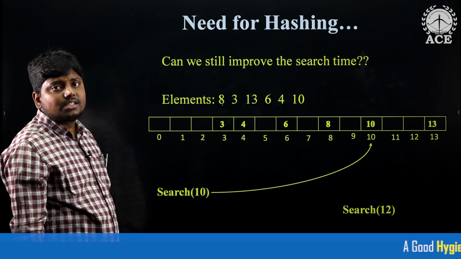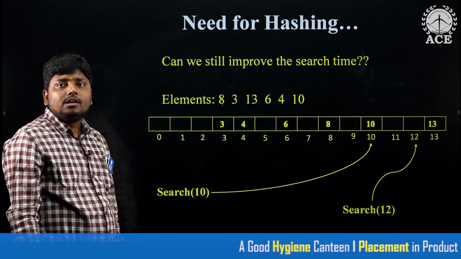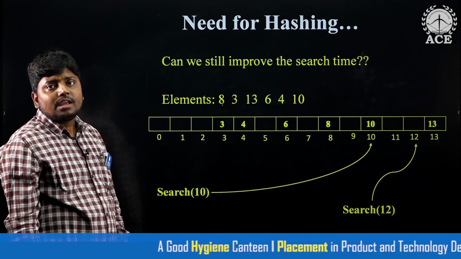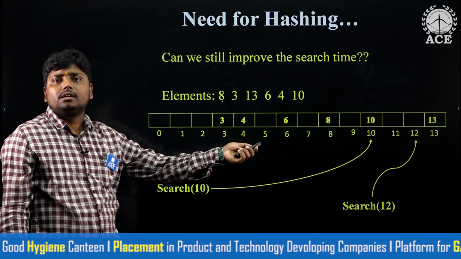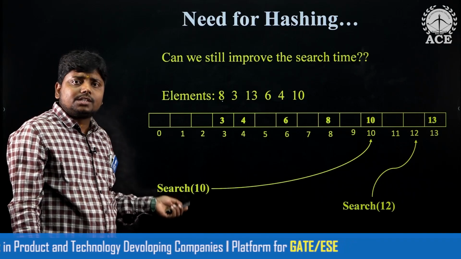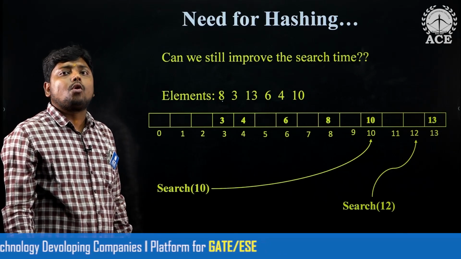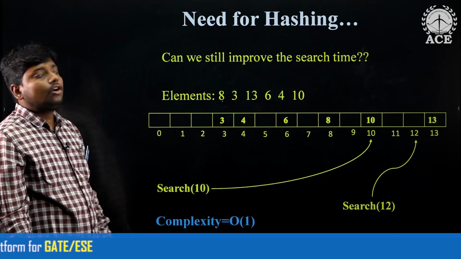Similarly, if we want to search for element 12, we go to index 12, and the element is not present. What does it mean? At one go, without iterating over the whole list, we can search for an element in constant time, order of 1.